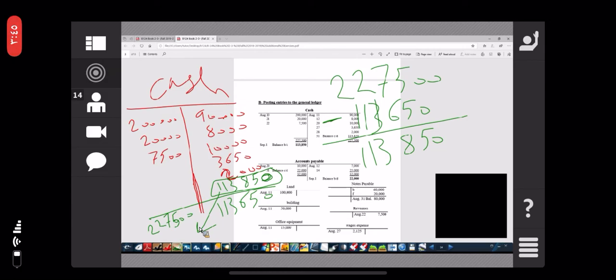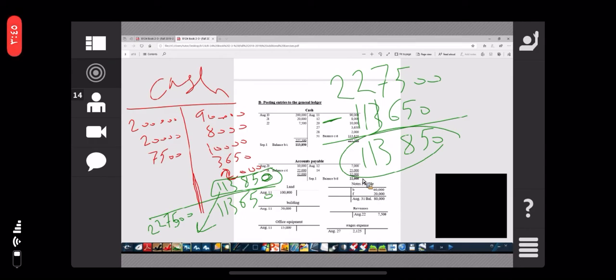Or you can say you need at first to find the difference between debit and credit. So the difference was 113,850. Which side is higher? Debit.